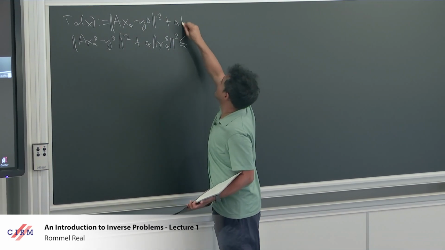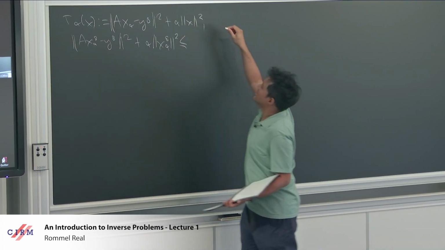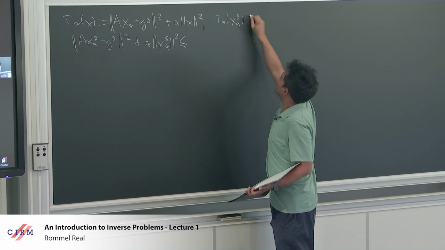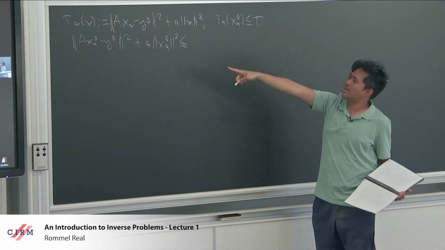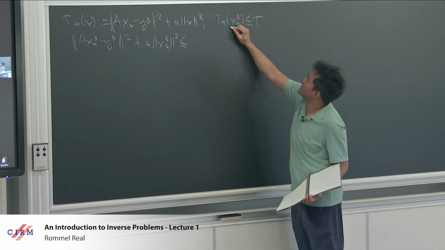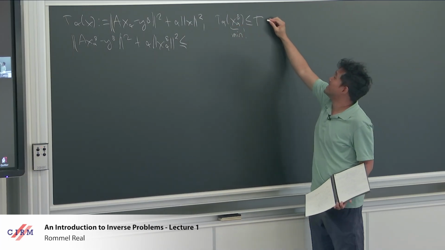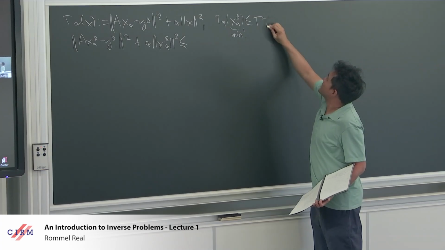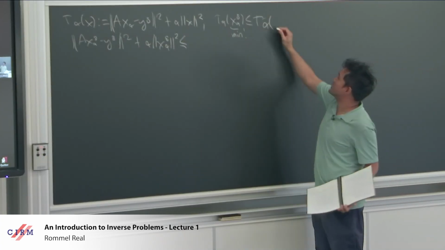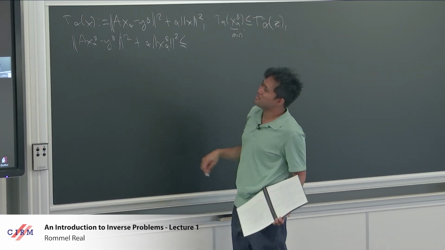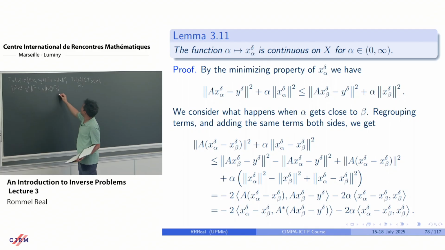So that means the value of the Tikhonov functional at x sub alpha delta, because it's the minimizer, this must be less than or equal to the value of the Tikhonov functional at any other point, let's say z. So here, by using the minimization property, we let x be equal to x sub beta, or rather z.